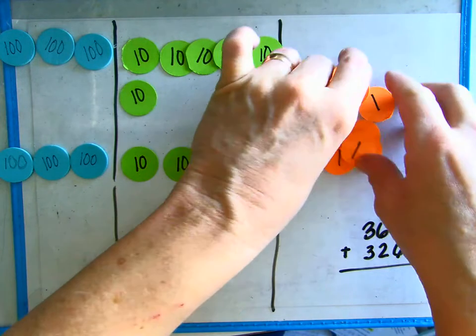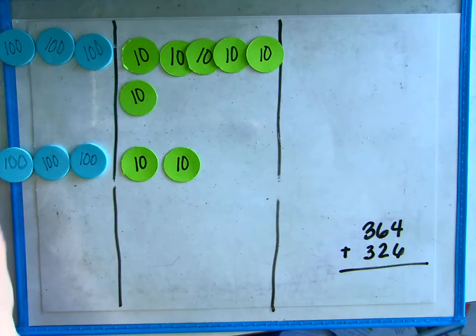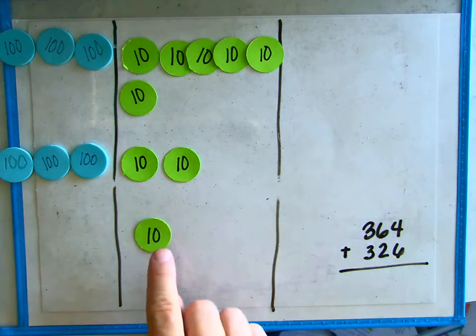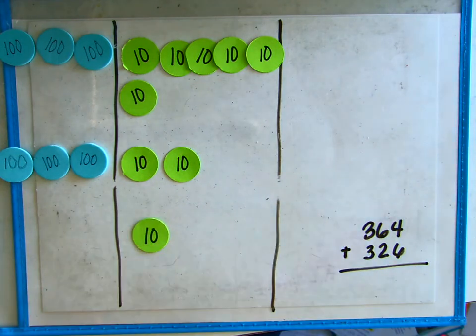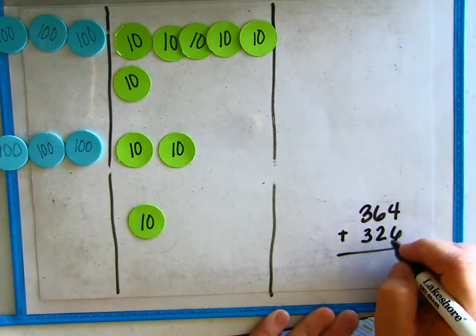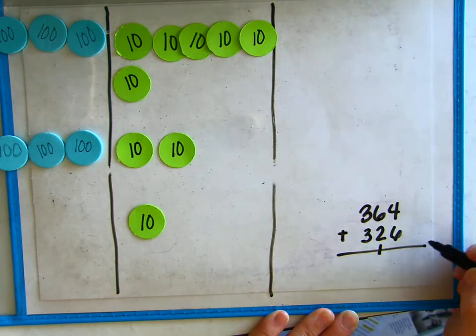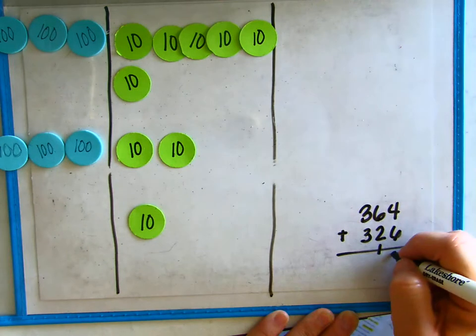So I'm going to compose or bundle up 10 ones and add a new group below. So what that looks like on the vertical form, I add that new group in my tens, and I don't have any ones left.